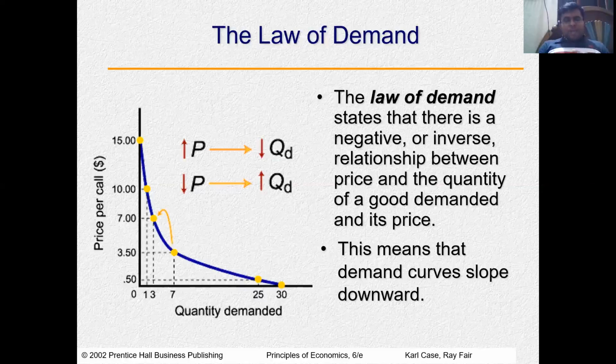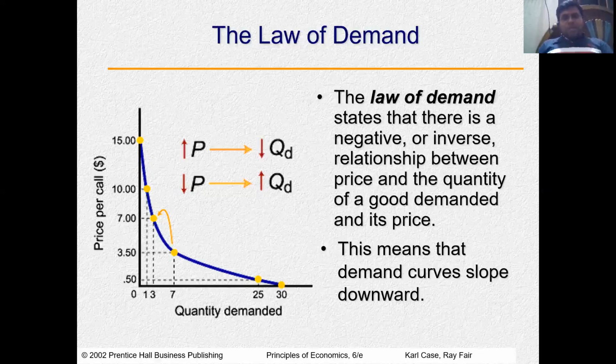Further, as we move from $7 to $3.5 on the vertical axis, we can easily observe the number of calls increases in response to the decrease in prices. But the thing to notice is that we remain on the same demand curve. We move along the same demand curve. There is no shift in the demand curve upward or downward.